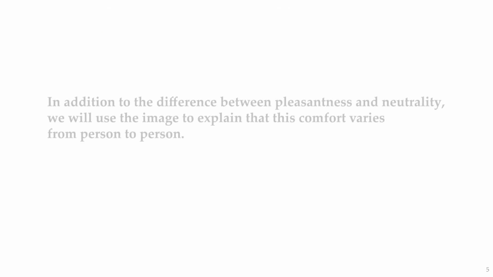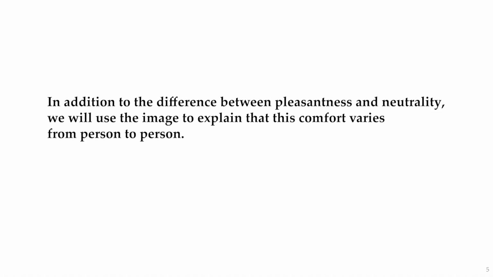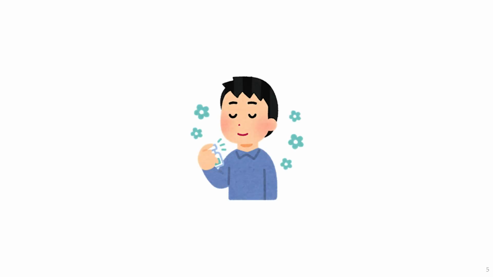In addition to the difference between pleasantness and neutrality, we will use the image to explain that this comfort varies from person to person. First, for some person, the scent of that perfume is something they absolutely love and feel pleasant. This is pleasantness. However, another person may dislike the scent of this perfume and feels very uncomfortable.